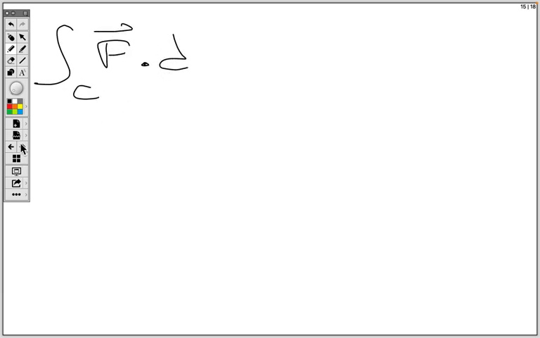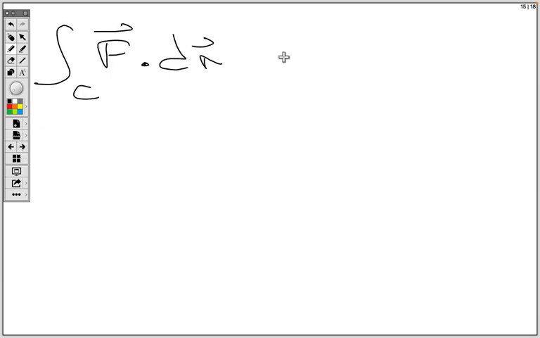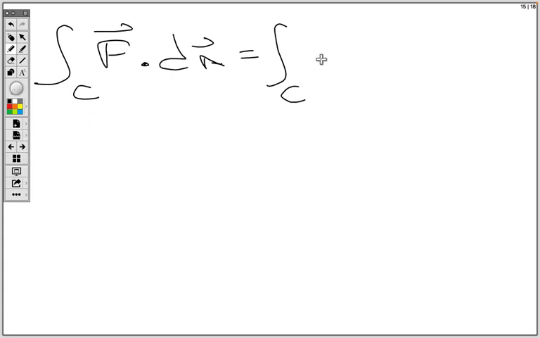So flux, instead of working along the dr, we're looking at the normal direction, dn. And that has m dy minus n dx.